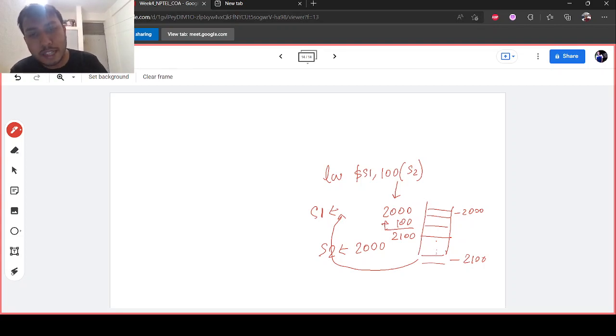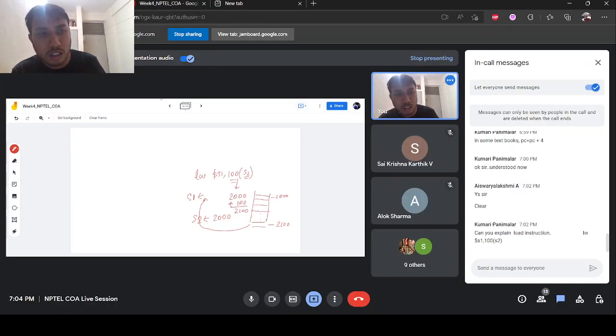This is called base index addressing mode. Here S2 is the base register, the 100 is being added to it, and from that location the value gets stored in this register. Clear?